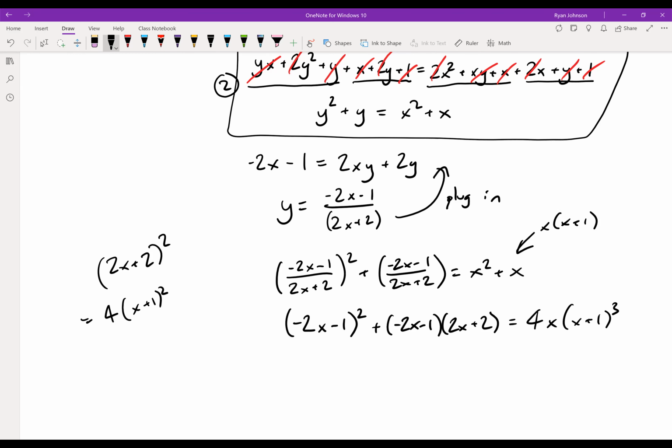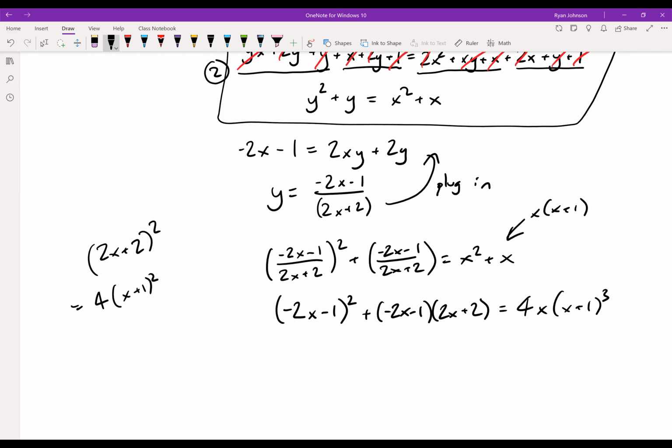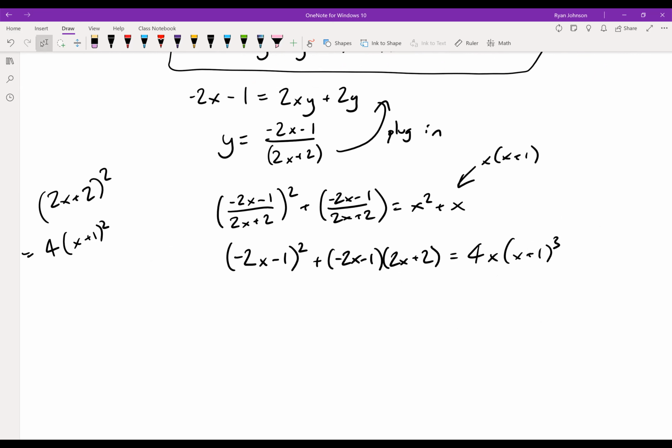Okay, so then I need to simplify everything. So then I've got 4x squared plus 4x plus 1, then minus 4x squared.